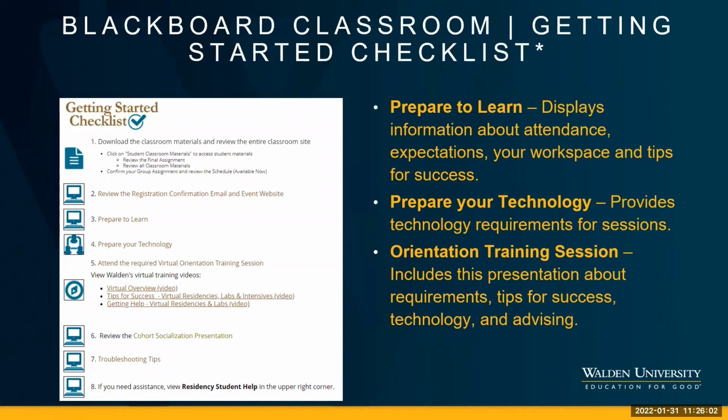Also included in your Blackboard classroom is the Getting Started checklist. For our residency students, the Getting Started checklist contains links to prepare to learn, prepare your technology, and also the orientation training session. This is also where you will find the slides that I am presenting as well.